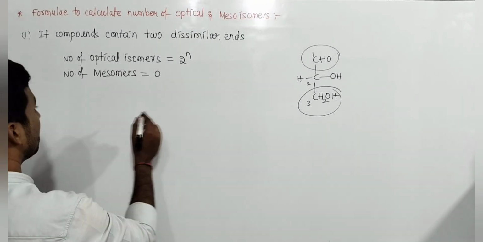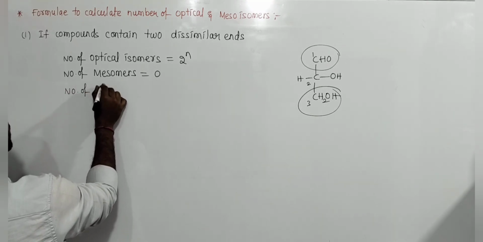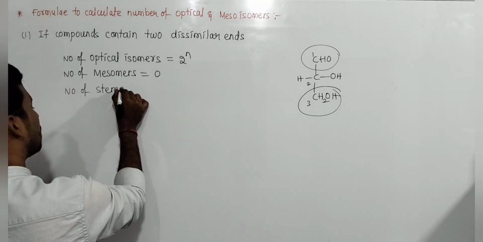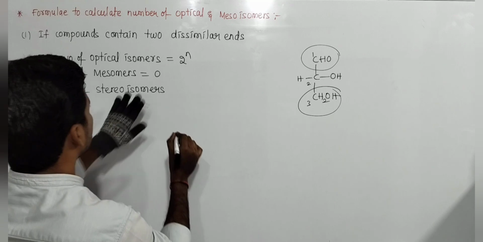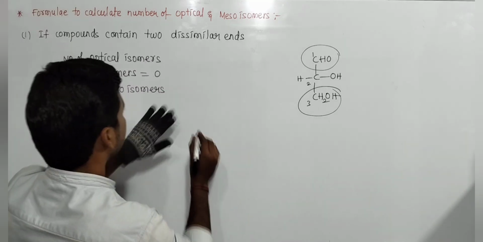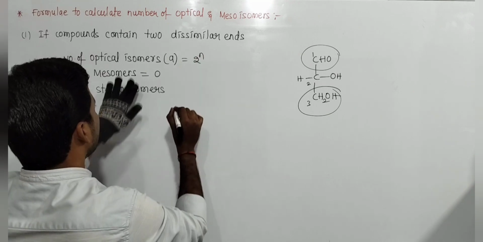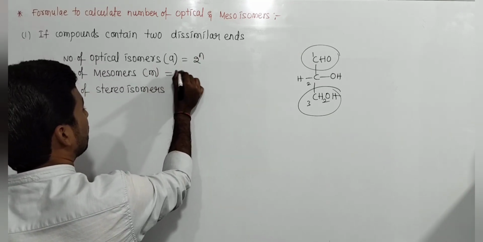Mesomers are not possible. Next, the number of stereoisomers. The number of optical isomers, denoted with small a, is equal to 2 power n. The number of mesomers, denoted with small m, is equal to 0.